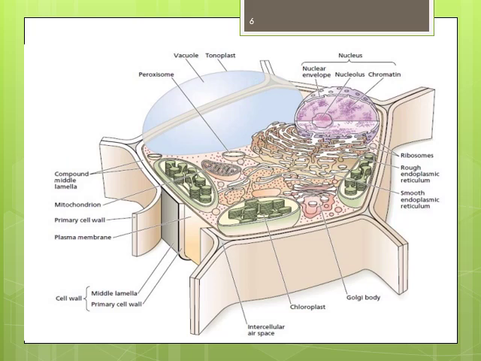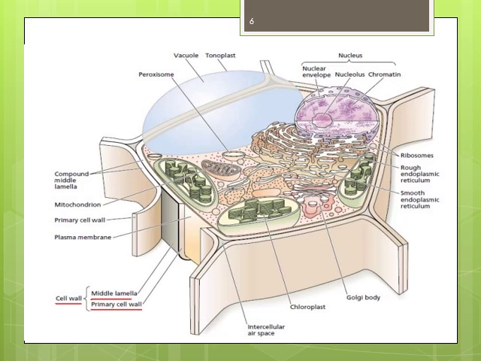As you see here, basically the cell wall consists of 3 layers, but firstly we describe 2 layers. The first one is the middle lamella, and the second one is the primary cell wall, and the third one is the secondary cell wall that we'll discuss later in this lecture.